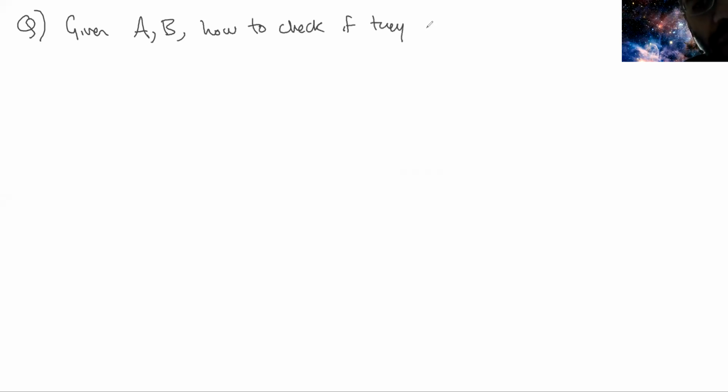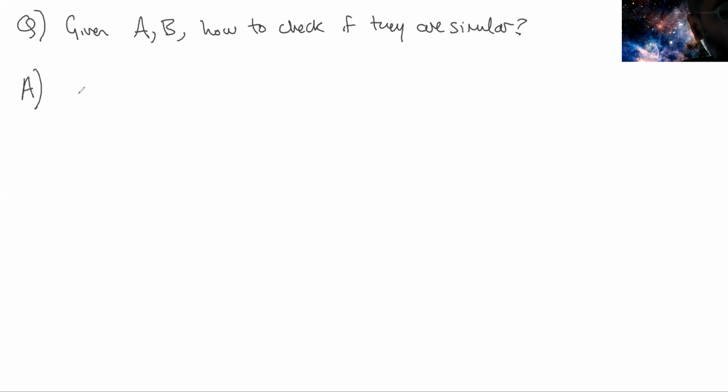They are similar, right? So diagonalization is a process that allows you to check whether a matrix is similar to any diagonal matrix. But what if I give you two matrices and ask you, are they similar? How do you do that?